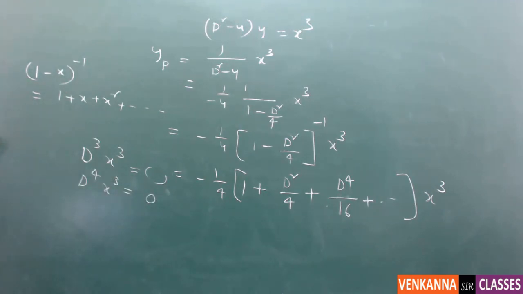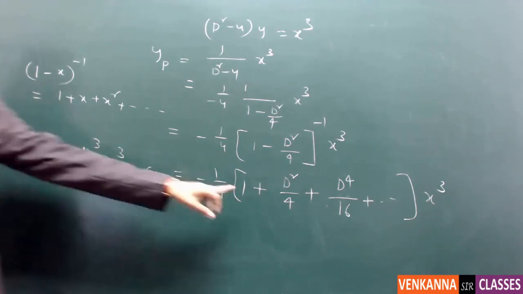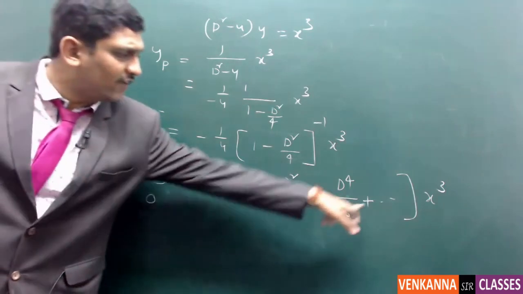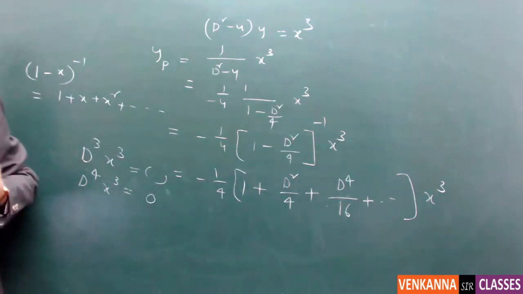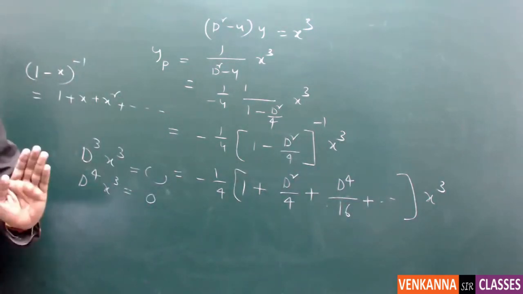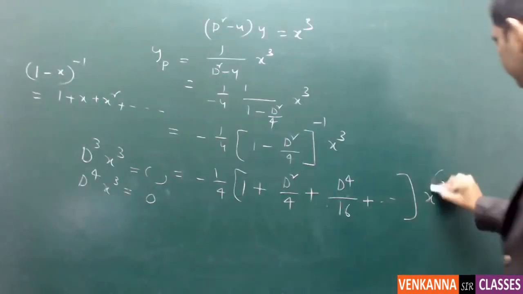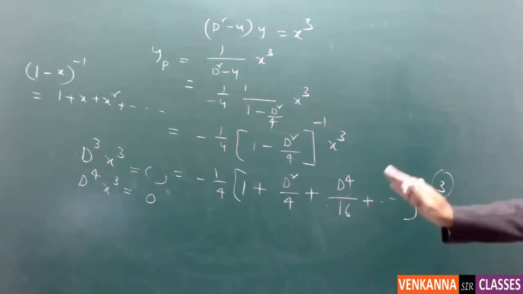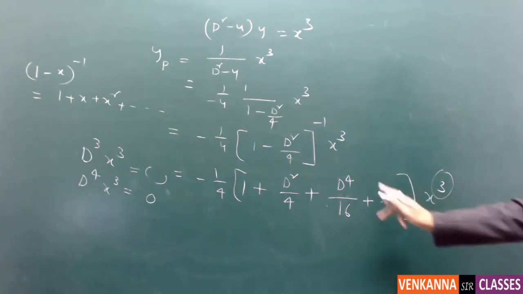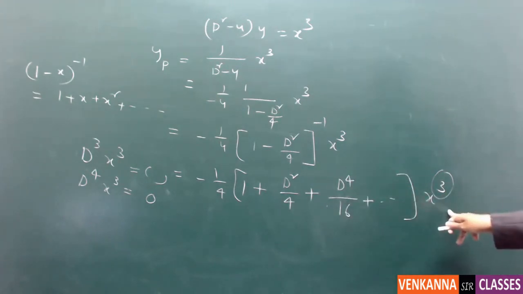Accepted? So, since the expansion contains infinite terms, we will consider only the terms up to that power. The remaining terms will be neglected because on applying them, you are getting 0.